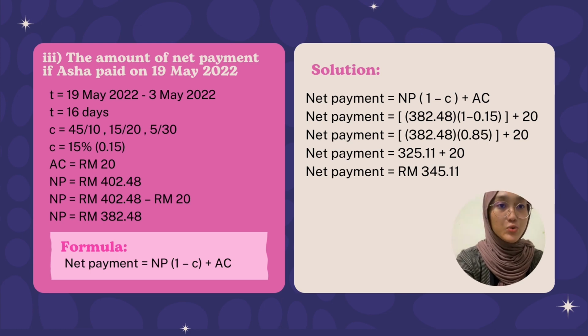Net payment equals in bracket 382 ringgit 48 cents multiply 0.85, plus 20 ringgit. Net payment equals in bracket 325 ringgit 11 cent plus 20 ringgit. So the net payment will be 345 ringgit 11 cent.